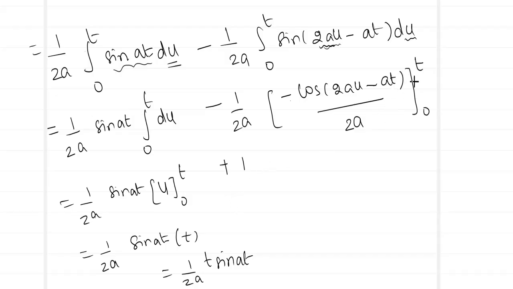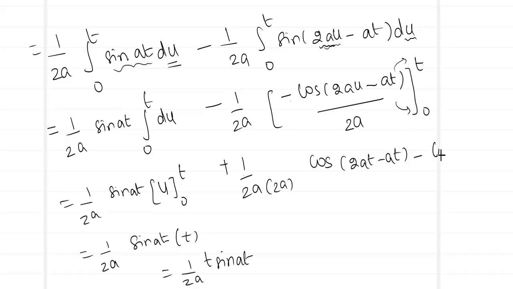Now apply the upper limit for it. So minus of minus will become plus 1 divided by 2a. With the 2 and 2a, this will become 1 more 2a over here. And when you apply u equal to t, this gives me cos of 2at minus at for my numerator, sorry, the upper limit. And how about the lower limit?